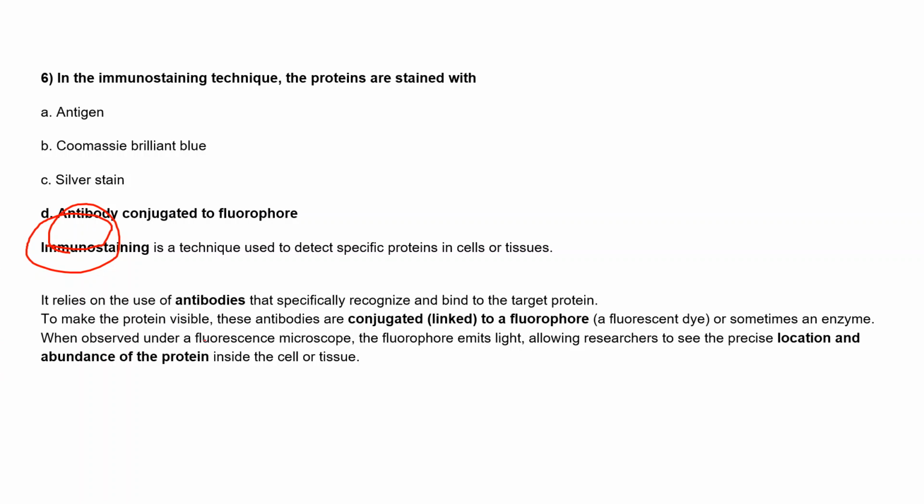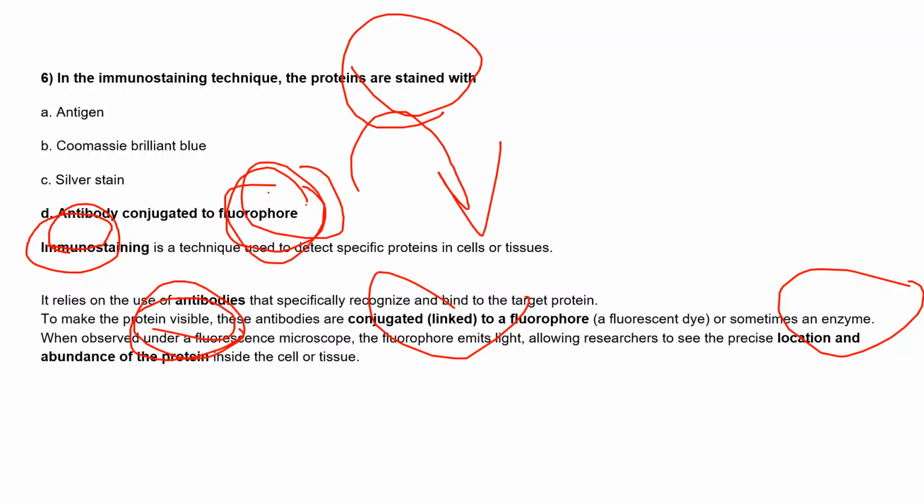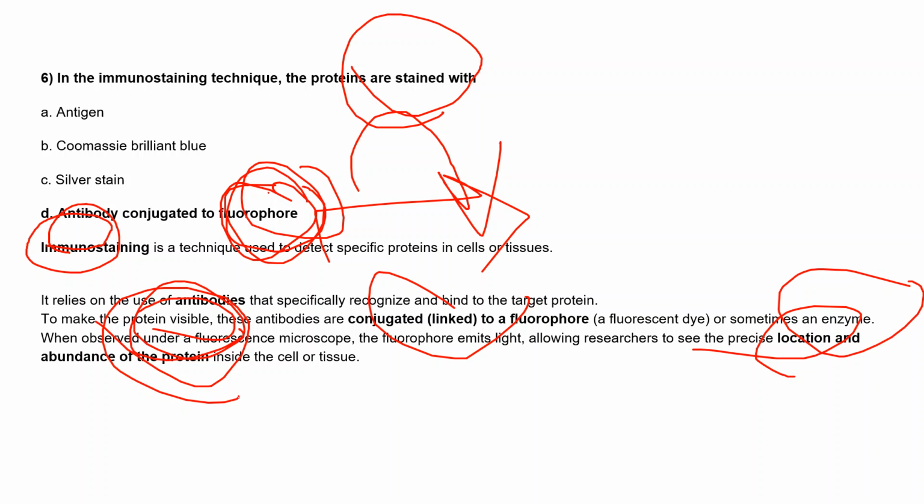They specifically recognize and bind to the target protein. To make this protein visible, we have to attach a fluorophore or any dye or sometimes an enzyme. And after this fluorophore is attached, when we see under the fluorescence microscope, the fluorophore emits light so that we can see the precise location of the protein inside the cell or tissue.